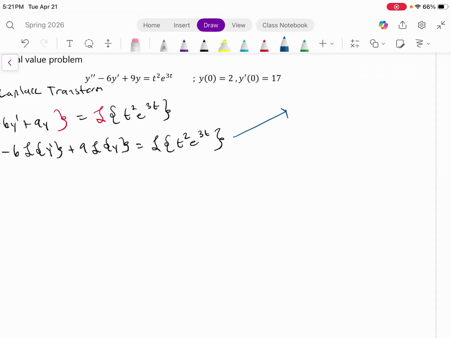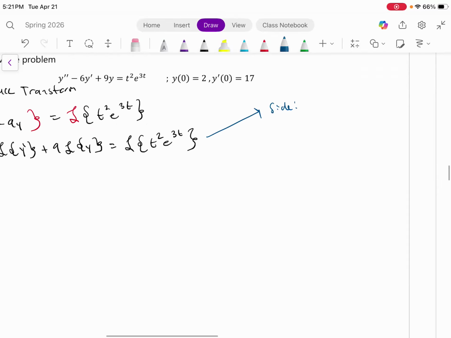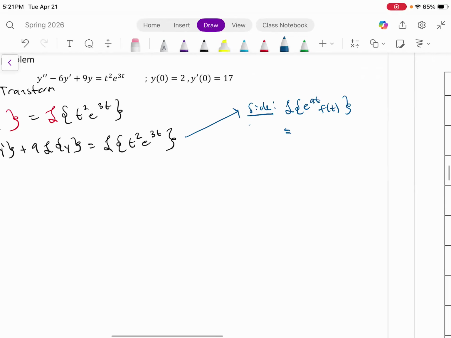The first translation theorem is: Laplace of e to the at times a function f of t equals the Laplace of just that function f of t, with s shifting a units.